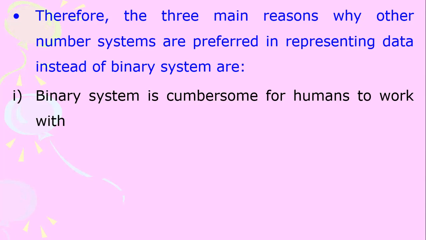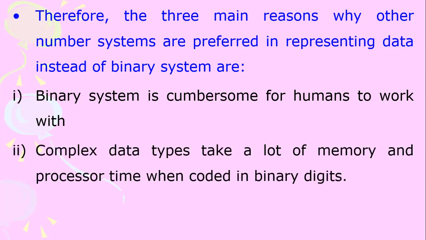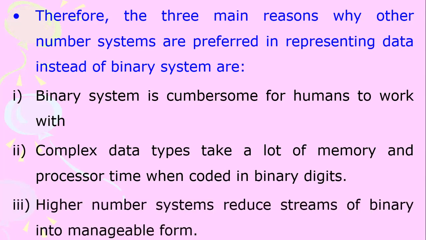You can imagine if you are dealing with volumes or pages of ones, that would be very cumbersome. Number two, complex data types take a lot of memory and processor time when coded in binary digits. Number three, higher number systems reduce streams of binary into manageable form.